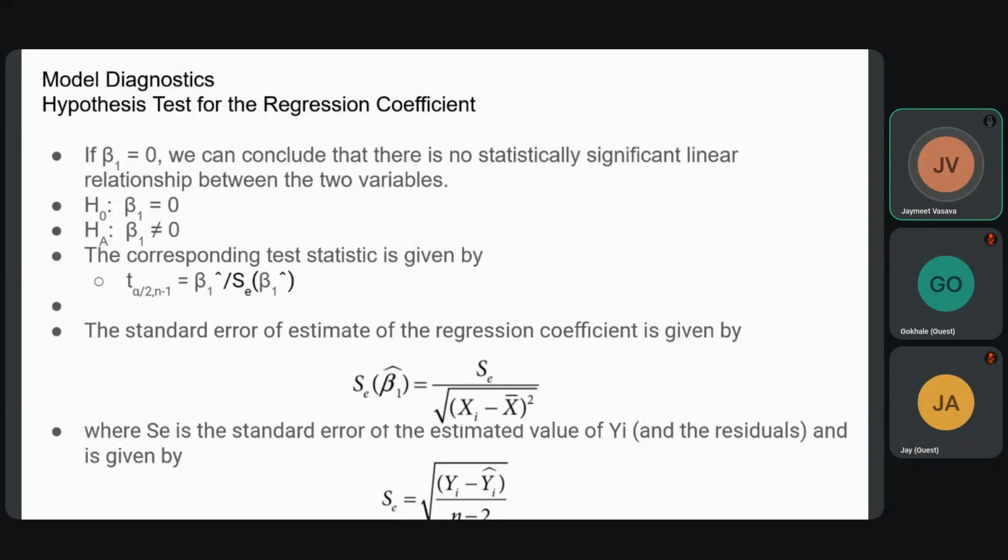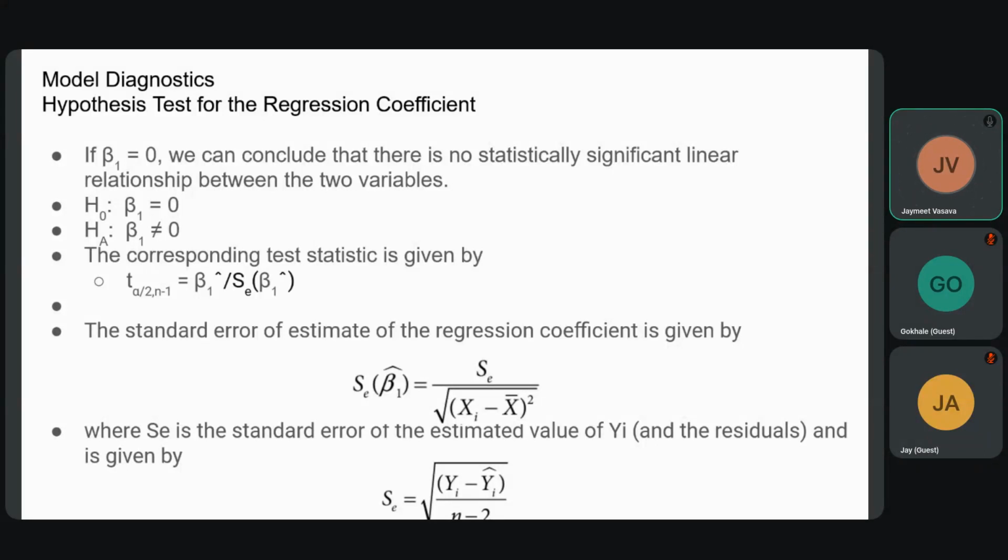The corresponding test statistic of the hypothesis is given by the equation t of alpha divided by 2 and n minus 2 equals beta 1 hat divided by the standard error of beta 1 hat.